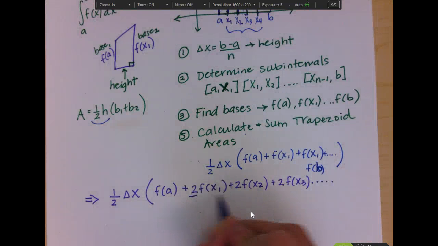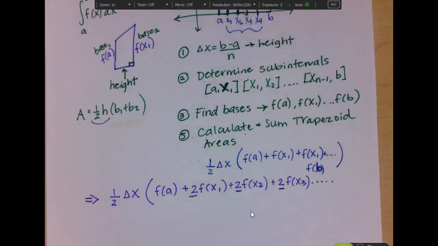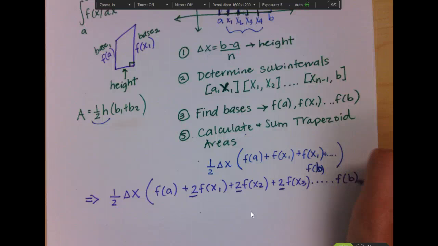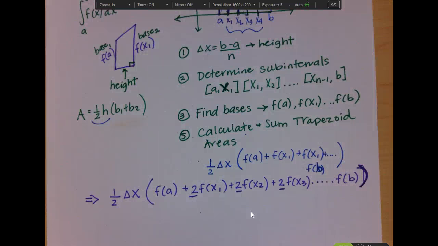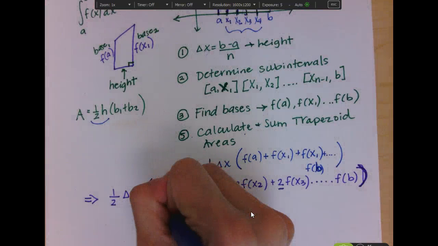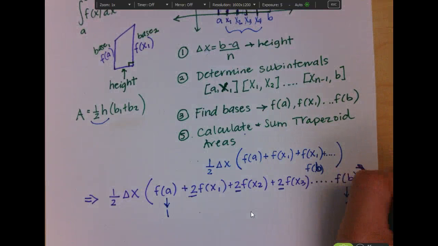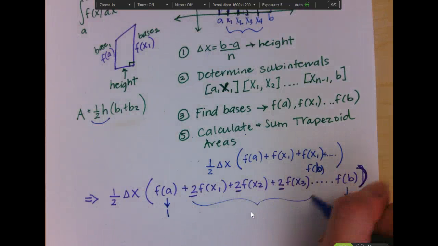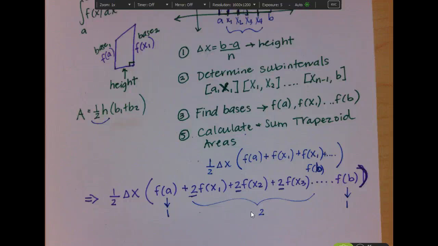The pattern of multiplying all the inner bases by 2 continues until I get to my right endpoint, which is just counted once. So that's the shortcut pattern that we can use here. Again, the leftmost and rightmost endpoints are counted once, and then everything in the middle is counted twice.